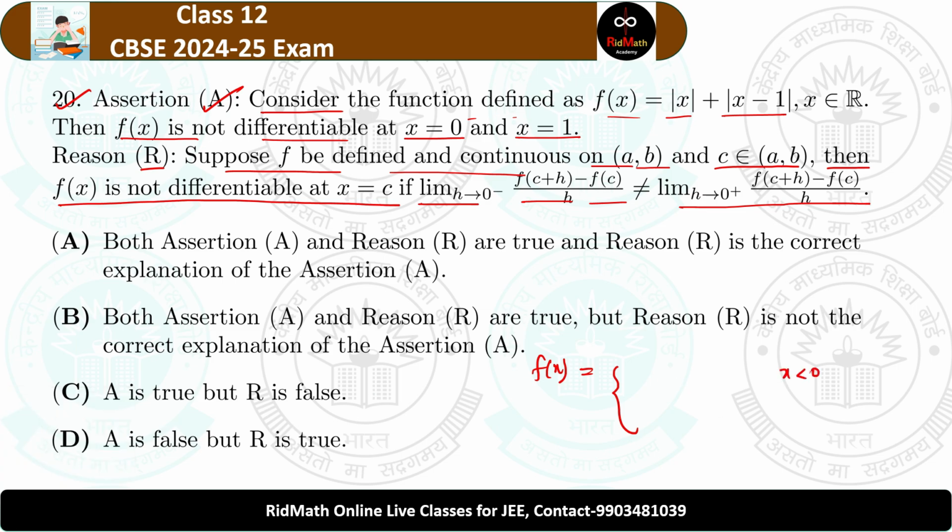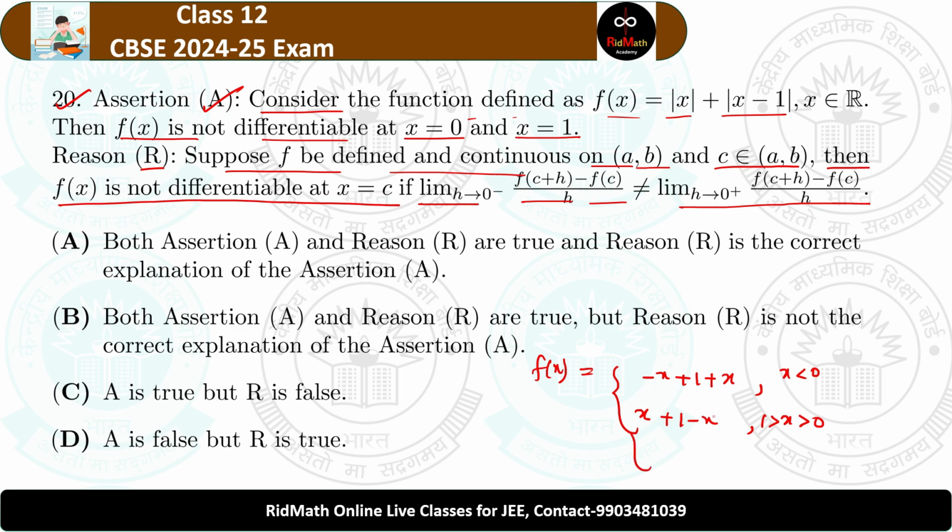When x is less than 0, this is minus x, this is 1 minus x, so... And for x greater than 0 and less than 1, this is x because x is greater than 0, and this is 1 minus x.